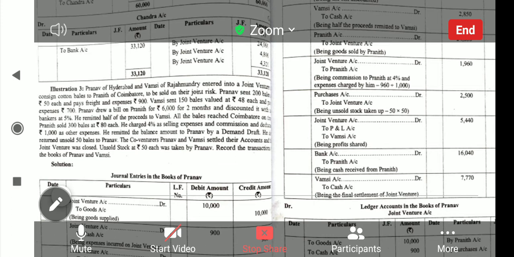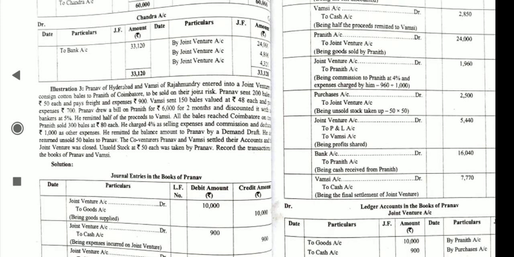Joint venture, as we know, is an association between two or more persons, and it is a temporary partnership between the members. So it comes to an end at the completion of the joint venture.